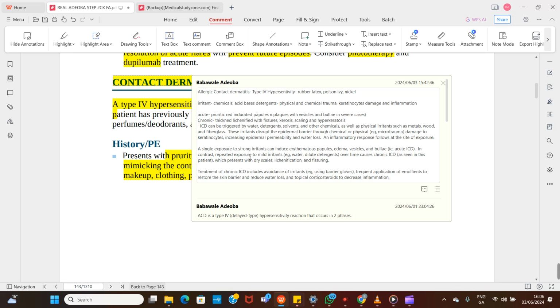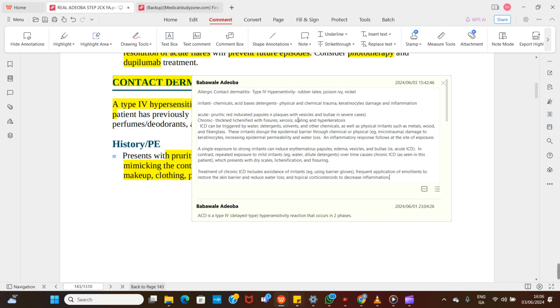So the physical irritants like metals, like wood, like fiberglass. Then for the chemical, you have stuff like your detergent, the soaps, the acids, the bases. So all of these can damage the keratinocyte, lead to an inflammation with the subsequent lesions, and you can make your diagnosis. So that's the way it works.